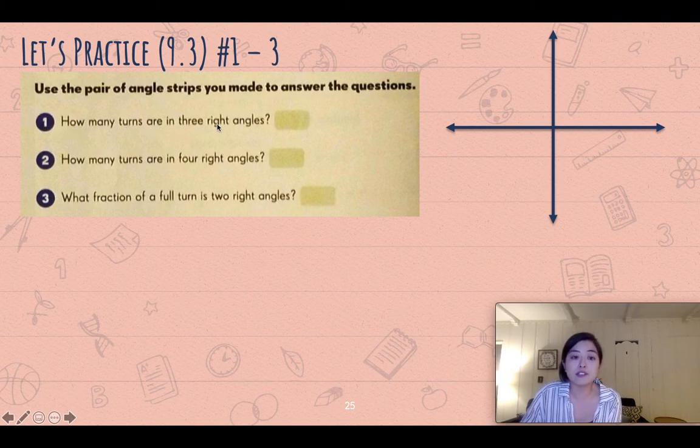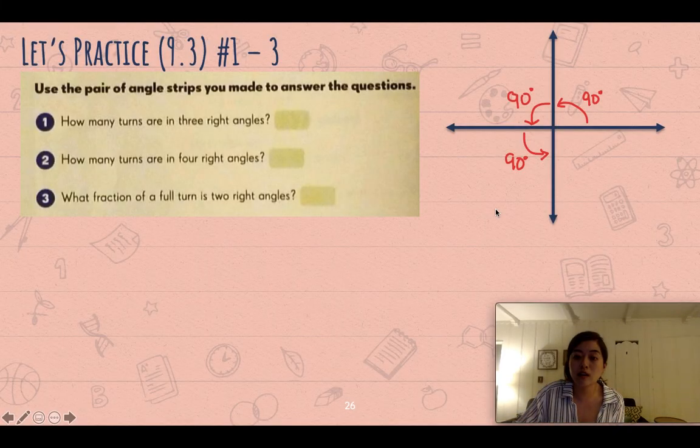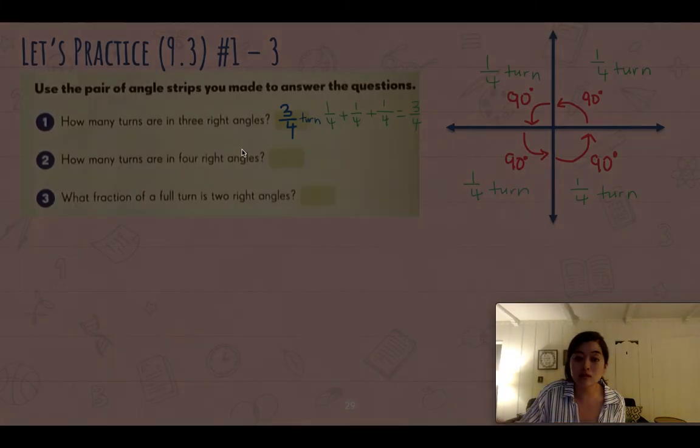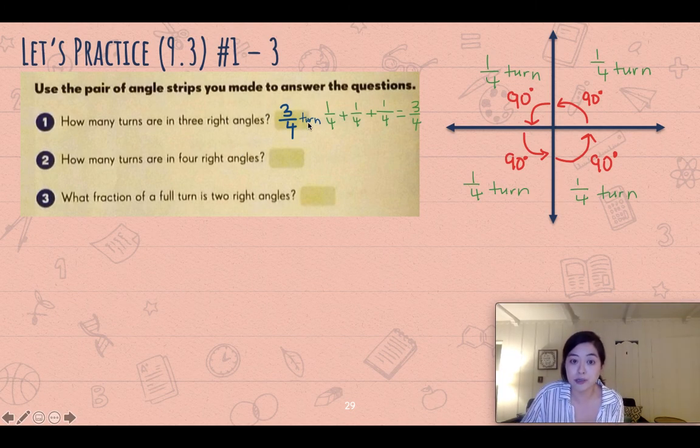How many turns are in 3 right angles? Here are my 1, 2, 3 right angles. One right angle is 1/4 of a turn. So we're going to add these turns together. 1/4 plus 1/4 plus 1/4 is equal to 3/4. So in 3 right angles, it is 3/4 of a turn.